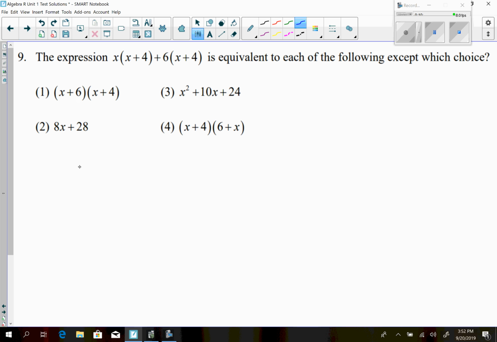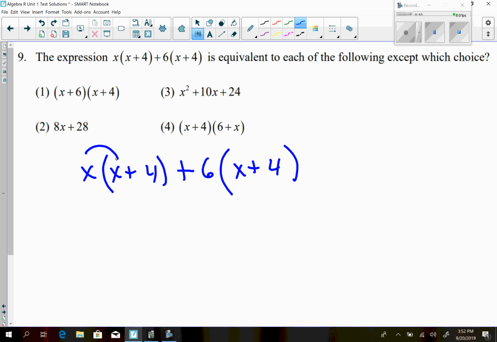Number 9, we have x times x plus 4, we're going to be distributing again, and then positive 6 times x plus 4. So we have x times x, which is x squared. X times positive 4 is positive 4x.